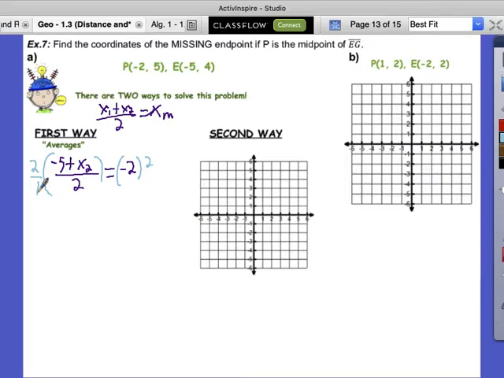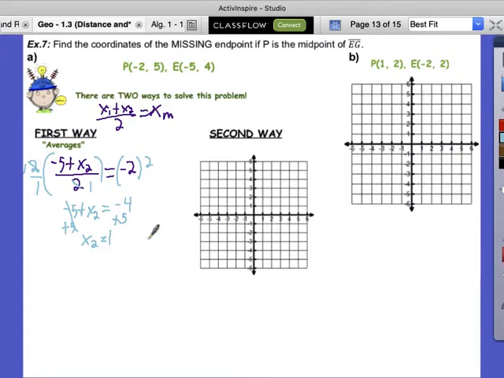This 2 and this 2 will simplify to 1. We're left with -5 plus x2 equals -2 times 2, -4. That got rid of our fraction, so we can continue solving by adding 5. Then we said, okay, x2 is equal to 1.